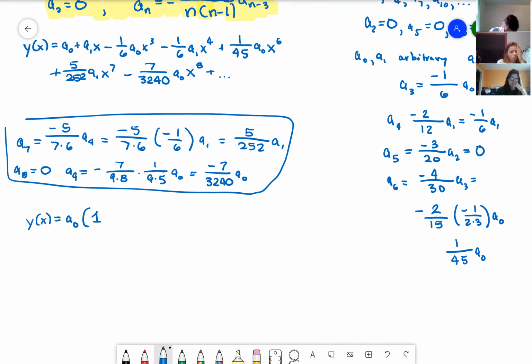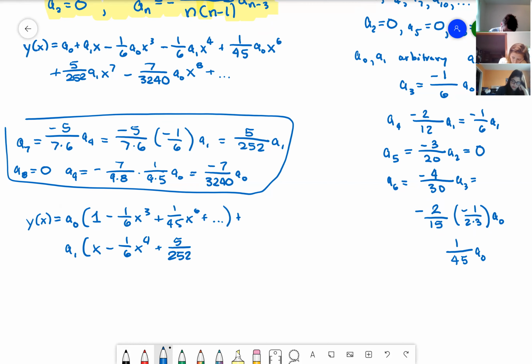A0 times 1 minus 1/6 x cubed plus 1/45 x to the 6th plus ellipsis, plus A1 times x minus 1/6 x to the 4th plus 5 over 252. How would you say that? 5 252nds x to the 7th plus ellipsis. Okay, so we've got our 2 solutions.